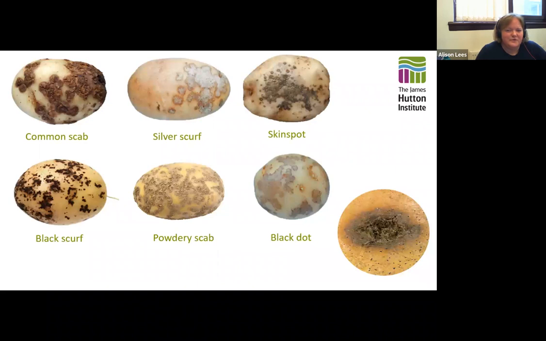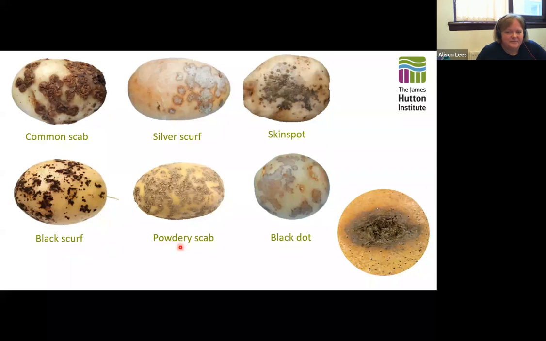So here are just some of the more common diseases that we think of under the potato skin blemish umbrella, ranging from those which are almost exclusively found on tubers, such as common scab, silver scurf, and skin spot, and those which are also able to cause other symptoms. For example, rhizoctonia causing stem and stolon canker, as well as black scurf, shown here.